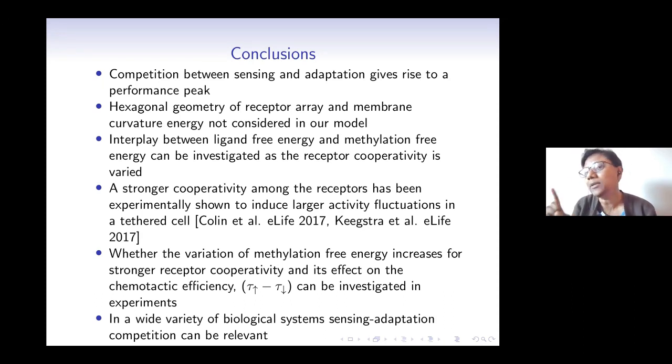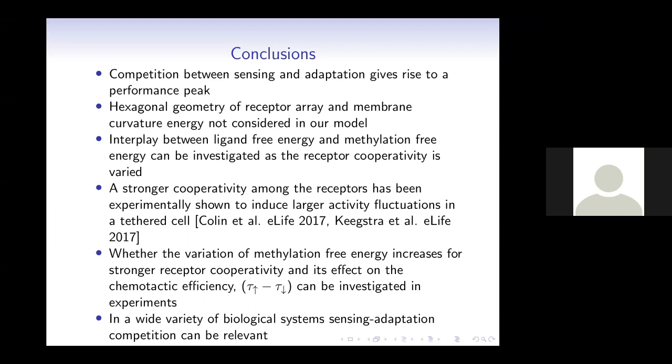Particularly in experiment, people have seen how large teams can generate larger activity fluctuations. So we believe within the same setup, if one directly measures the chemotactic performance like drift velocity, which is highly measurable experimentally, then you can actually see these peaks. But the peak position may not match exactly what we have. Understood. Okay. Thank you.